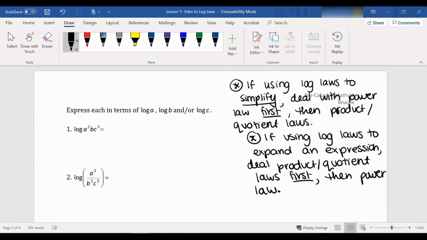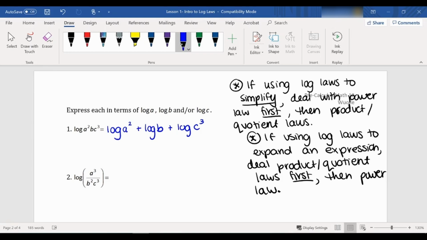Okay, so I want to separate this up using my product law first, which would mean I'm going to get log a squared plus, because a squared is multiplying with our next thing, which would be a b. And then we're multiplying with the c cubed, so we're going to do that one last. So a squared is multiplying with a b, which is multiplying with the c cubed, which means we can separate this into 3 separate logs that are all adding together.